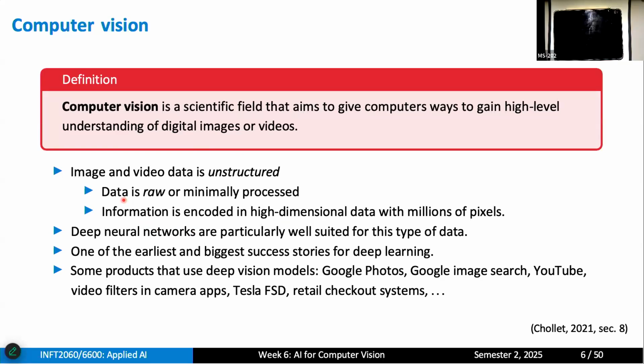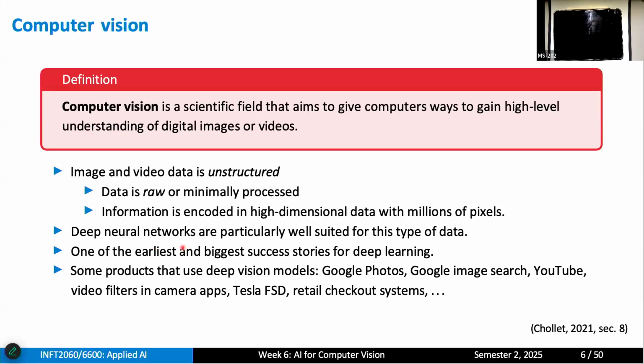Extracting meaningful insights from it is a significant challenge, and we let the CNN, or the artificial neural network, help us do this. The information is encoded in high dimensional data with millions of pixels.